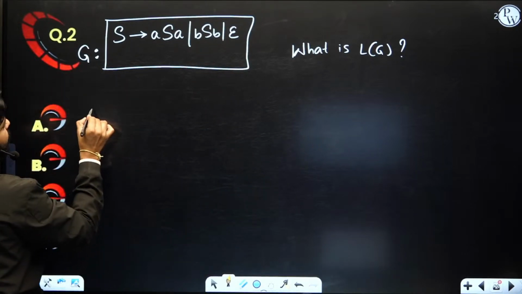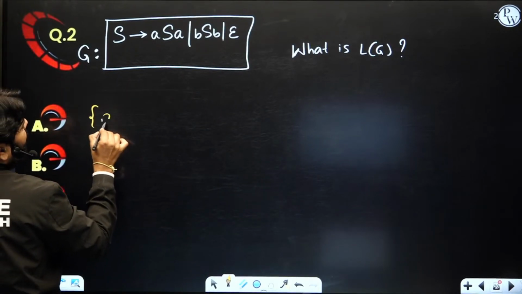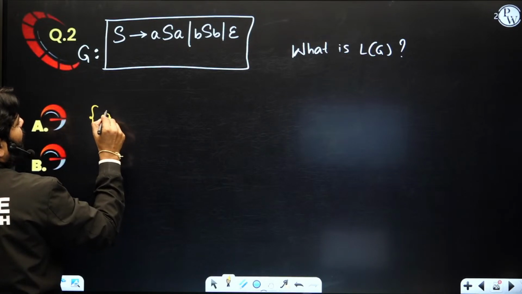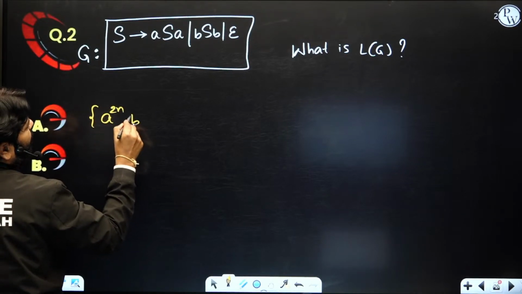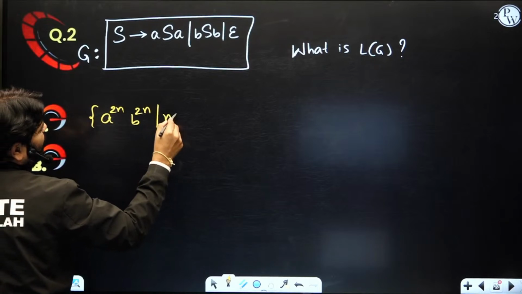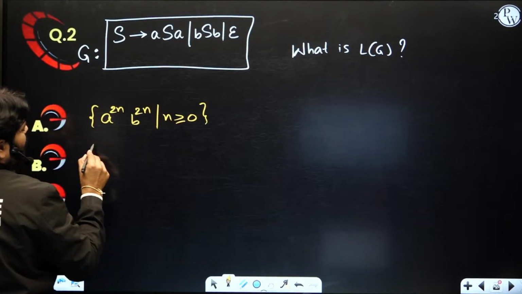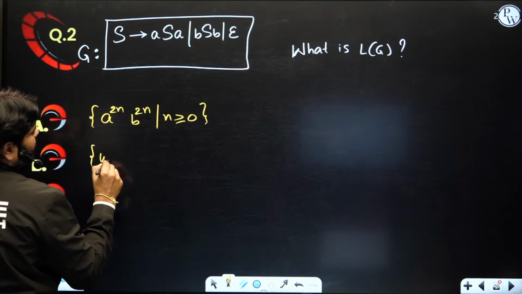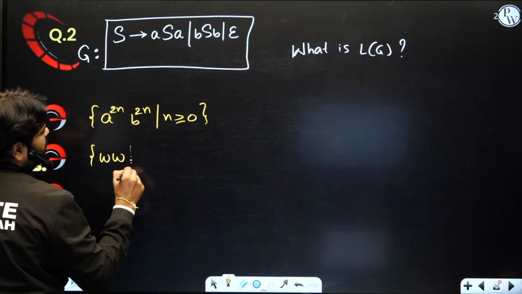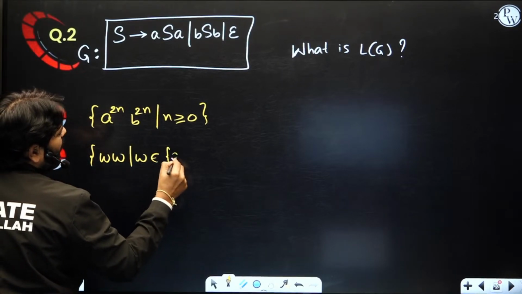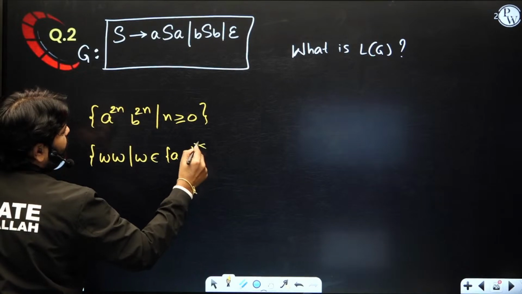The first language, let me write something like A power 2n, B power 2n, such that n greater than or equal to 0. Otherwise, W such that W belongs to {A, B} star.